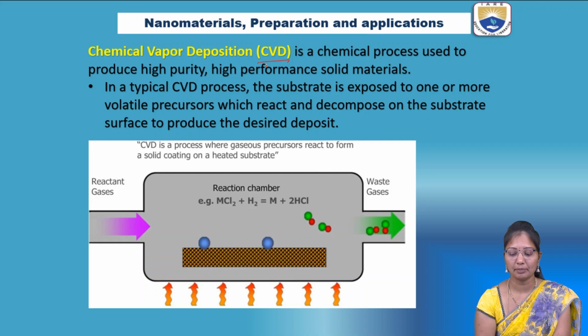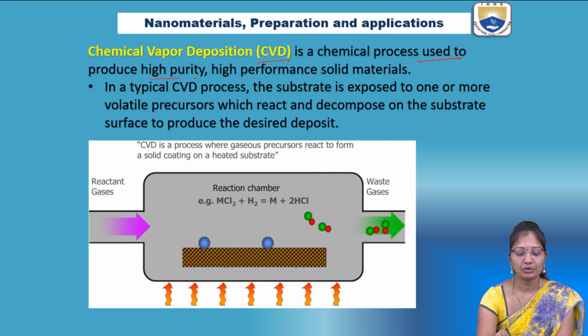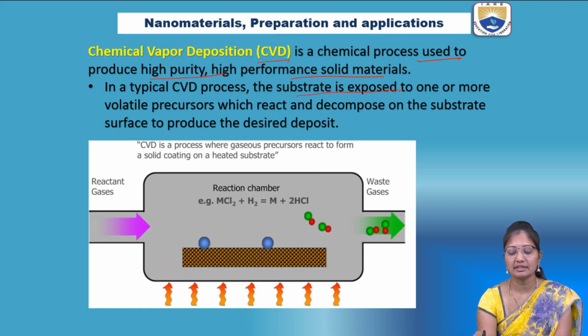It is a chemical process used to produce high purity, high performance solid materials. In this process, the substrate is exposed to one or more volatile precursors, which means easily evaporable precursors, which react and decompose on the substrate surface to produce the desired deposit.